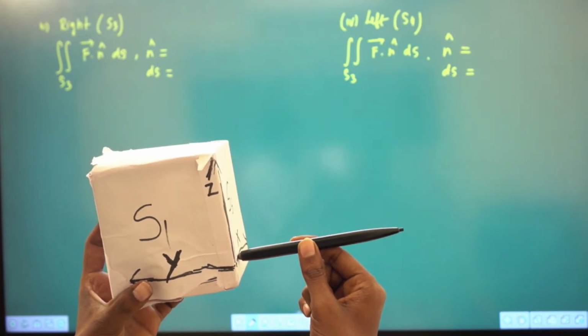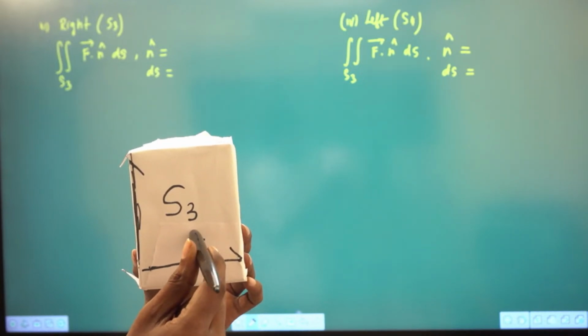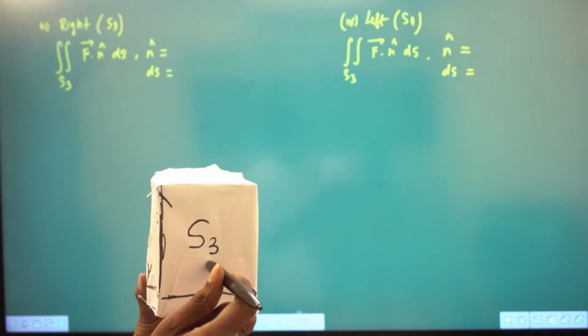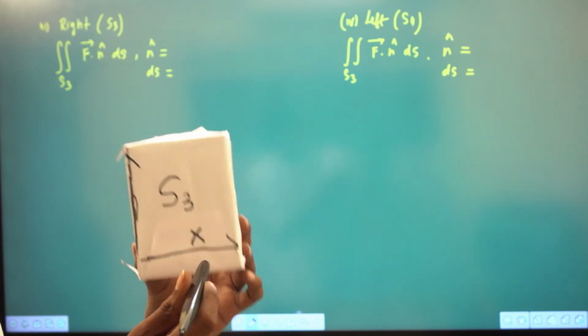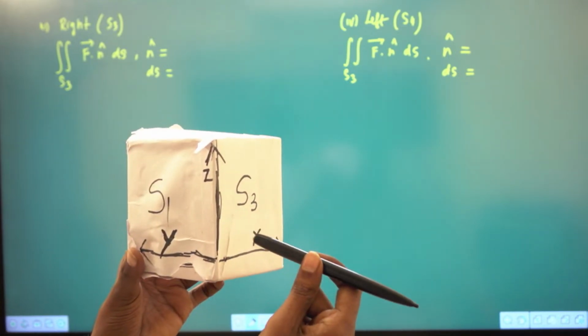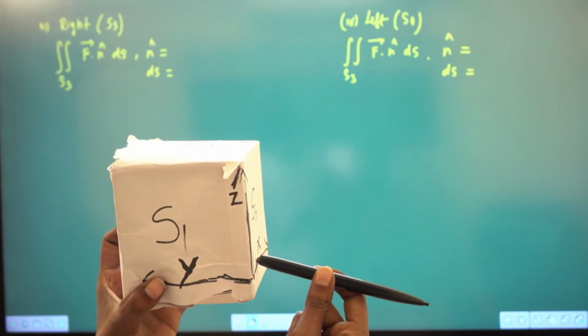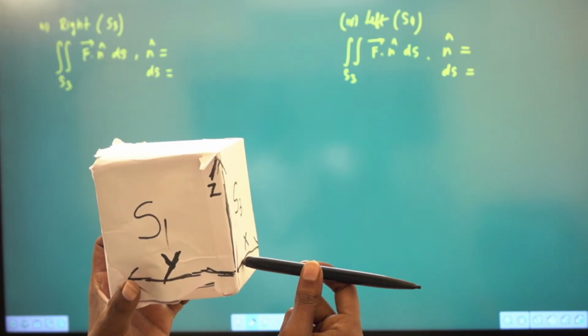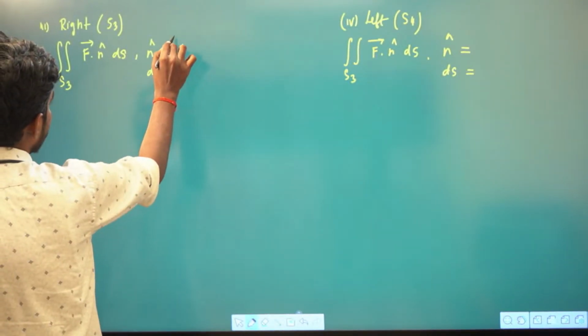N cap is a unit normal vector, so we have to take a vector that is perpendicular to S3. So your n cap will be the positive y axis, which is nothing but j vector.